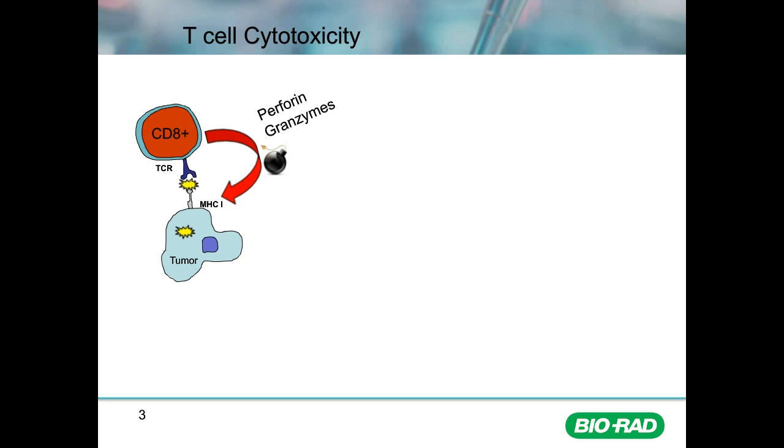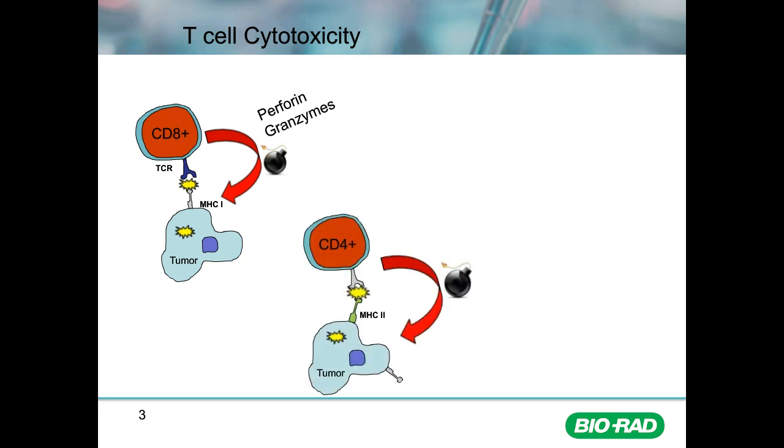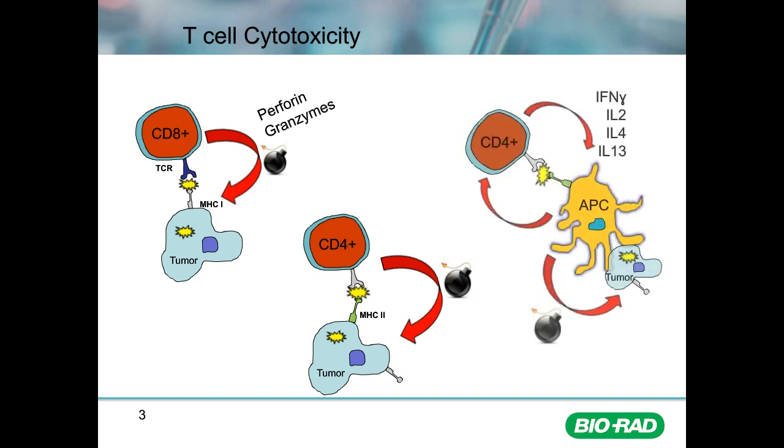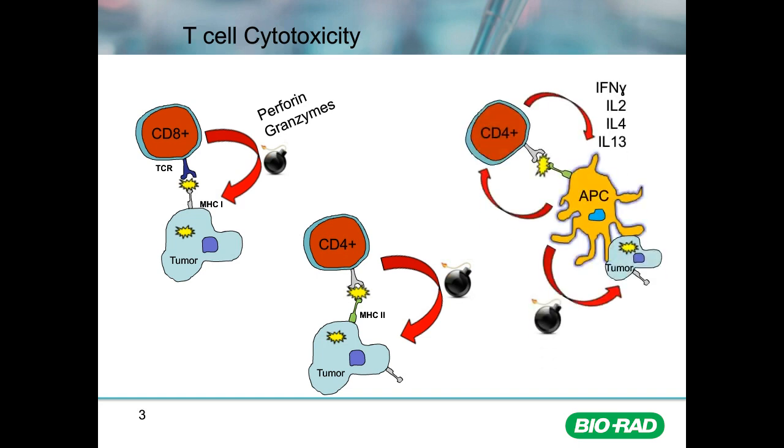Cytotoxic CD4 T-cells can kill cells directly that express tumor antigen in the context of MHC class II. Tumor cells often express MHC class I but lack MHC class II expression. Thus, CD4 T-cells cannot recognize the tumor cell directly that lacks MHC class II.